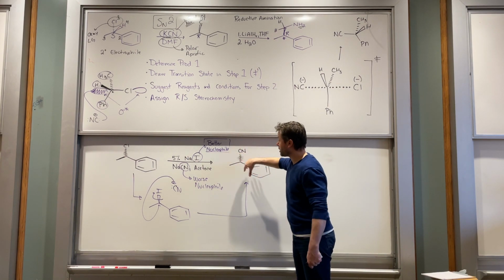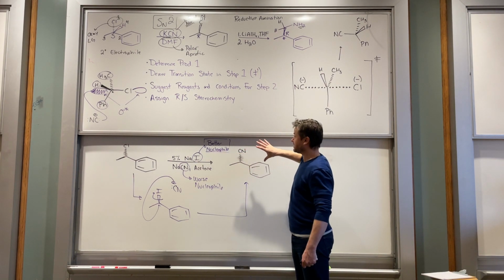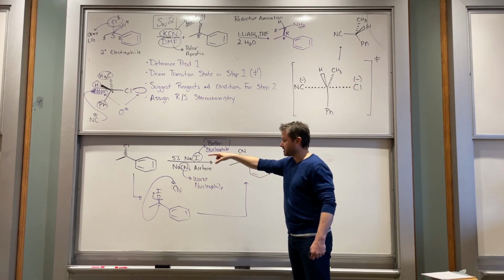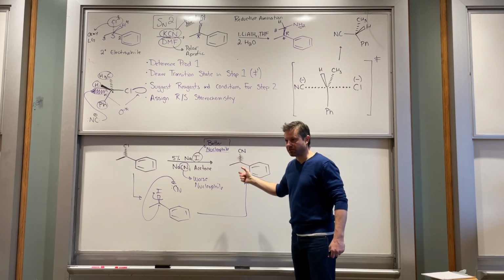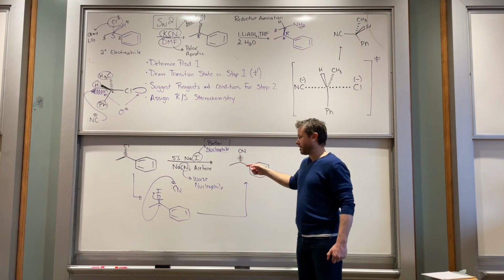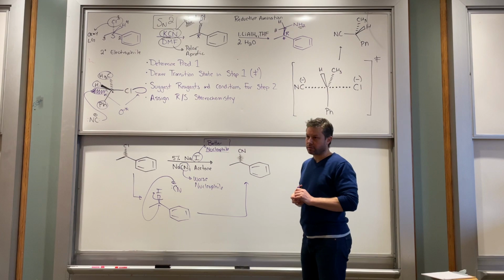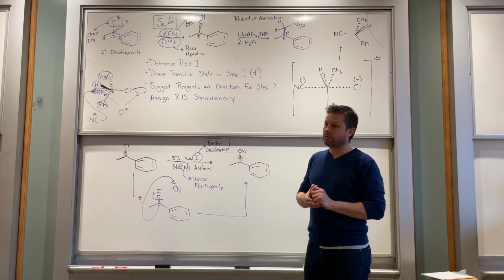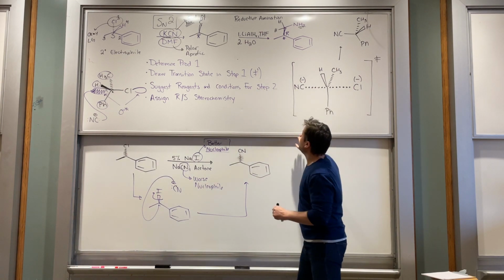So the net product is still a stereospecific reaction. We're only making one enantiomer, but because it's undergoing two substitutions, we get back to where we started. Because there was no leaving group in the second transition state of the first example, it was just a reduction with the hydrogens.